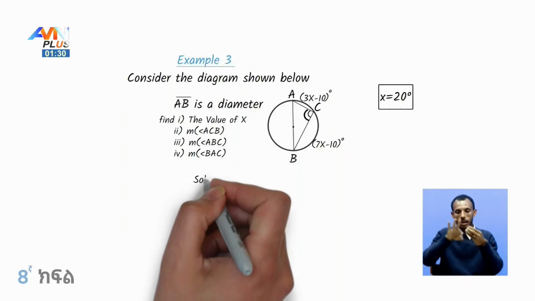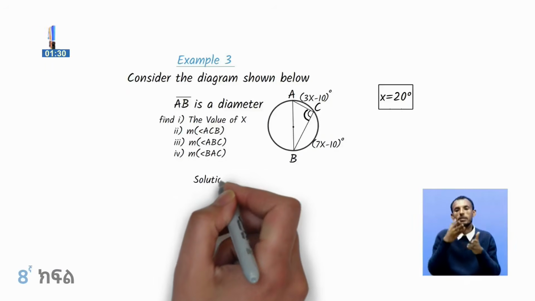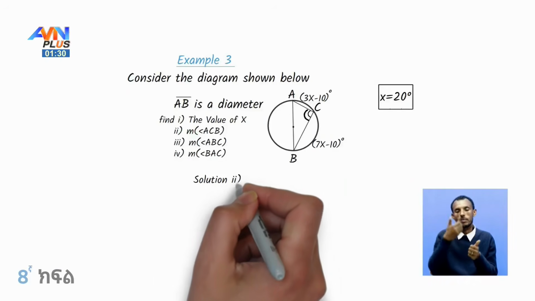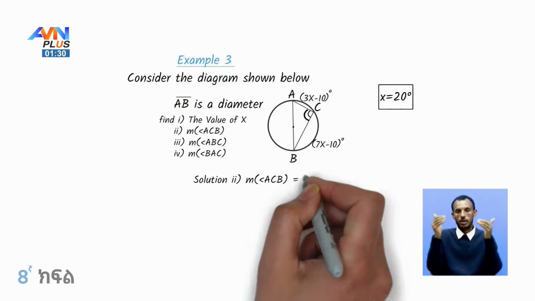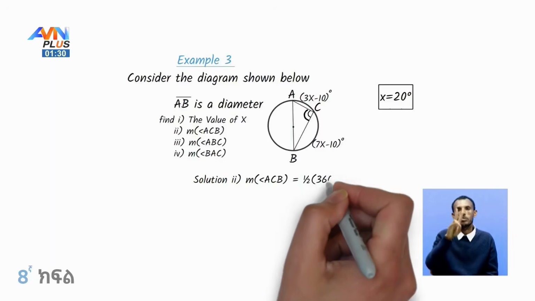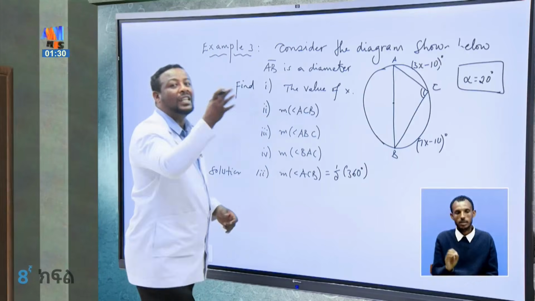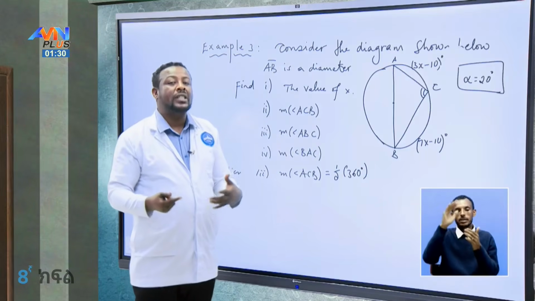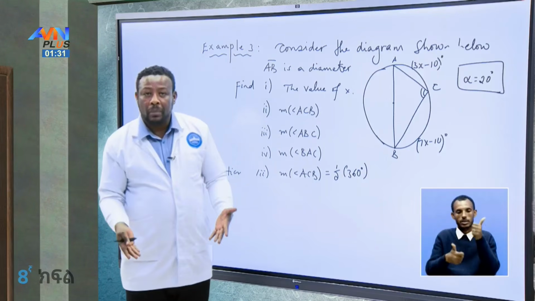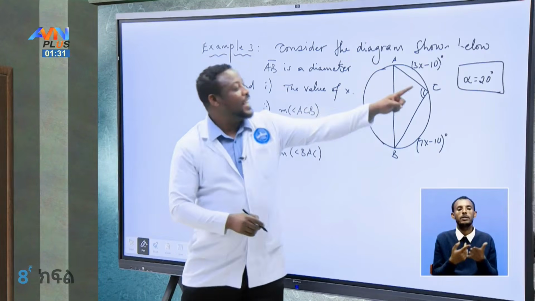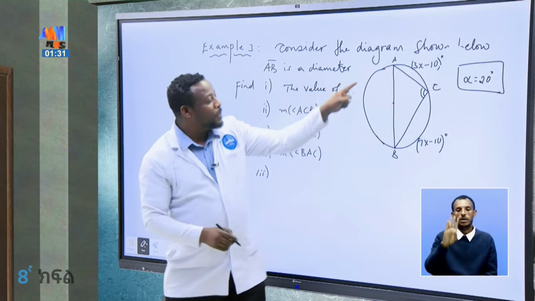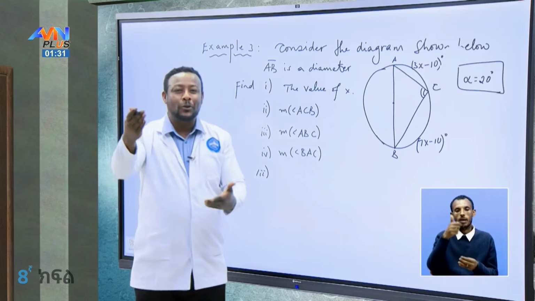Therefore, this is the step that you need to follow. The degree measure of angle ACB is equal to half of 360 degrees because it's subtended by a semicircle, whose degree measure is 180 degrees. Here, angle ACB is subtended by arc AB, so you need to write this.